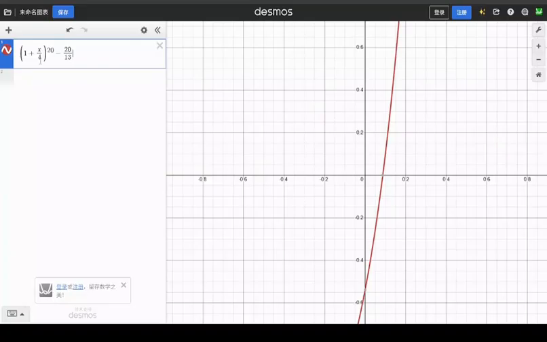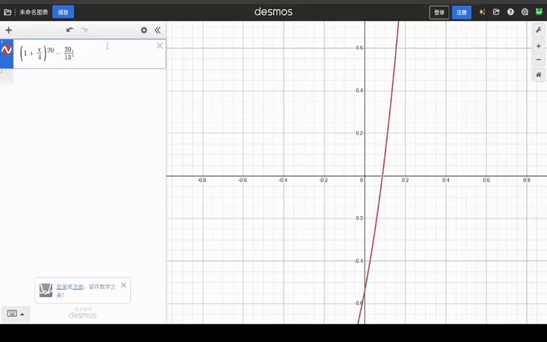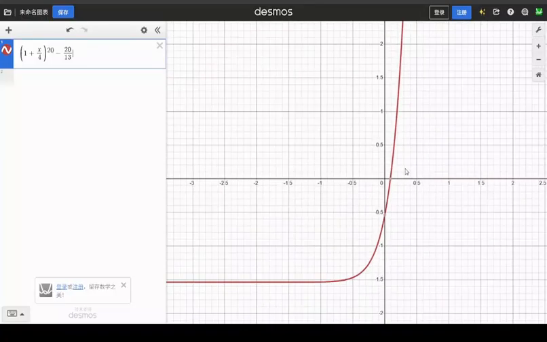Minus 20 over 13 equals 0. Wow, so you're going to notice this is the same thing. When we set it to 0, we're going to get a definite solution for x. When we don't set it to 0, we turn the problem of an equation into the problem of a function. Let's go ahead and do that.